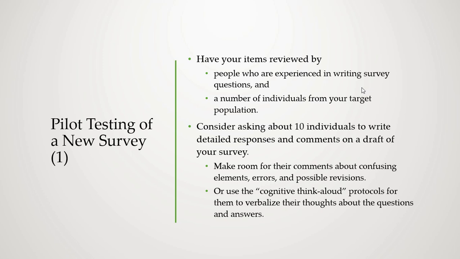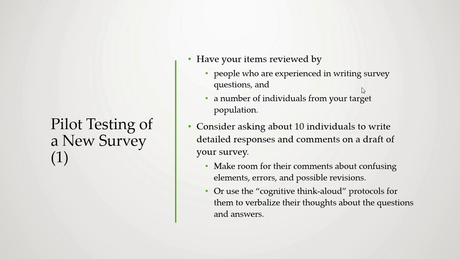Together, you need around 10 individuals from the two groups, and you need to ask each of them to go over every item on the survey and provide very detailed comments. If you ask them to provide comments in writing, make sure you print a version of your survey with plenty of room for them to write, or you can work with them in a question and answer session using Think Aloud protocols.